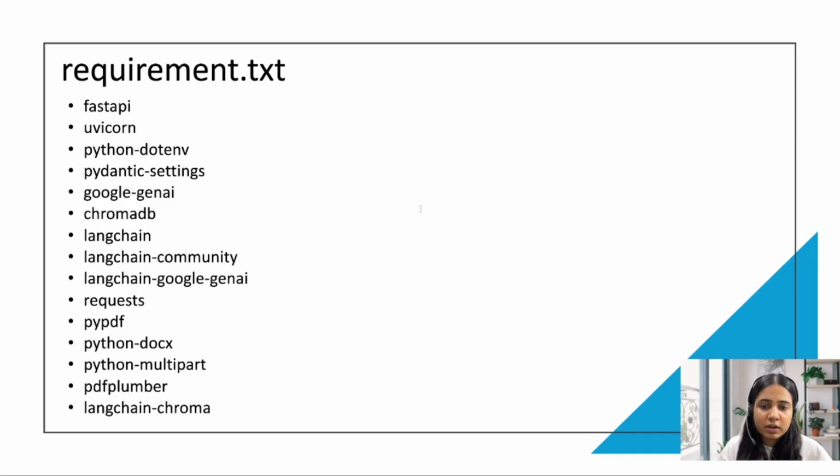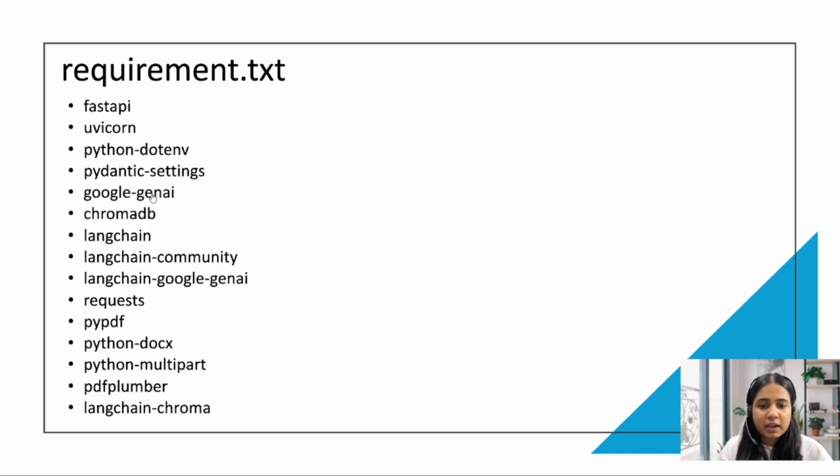Then python-dotenv loads the environment file for us, where our secret keys are mentioned, and helps us read that data. Then pydantic-settings manages app settings and validates the configuration values.